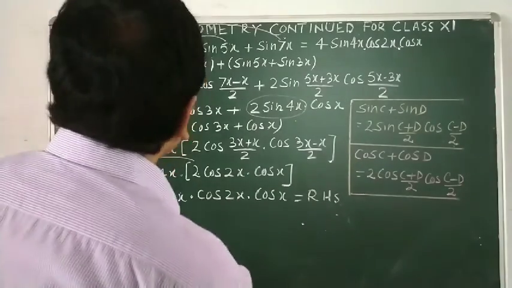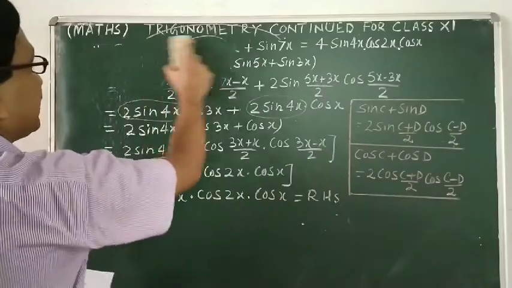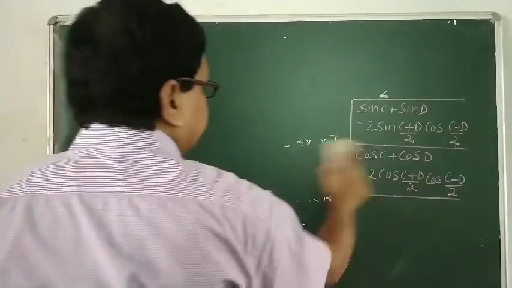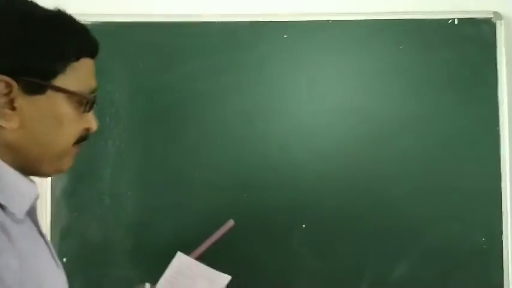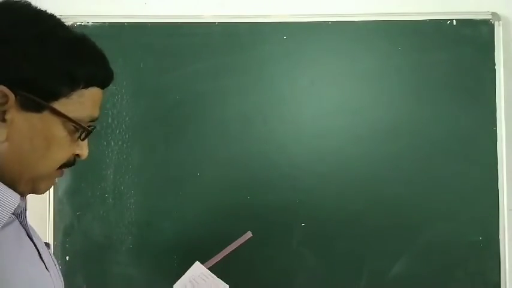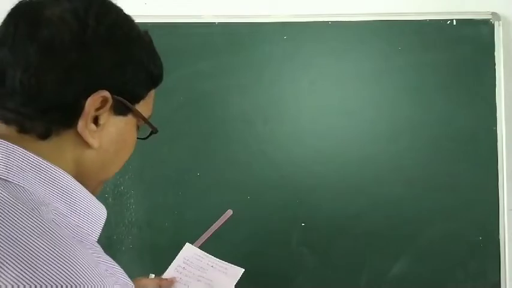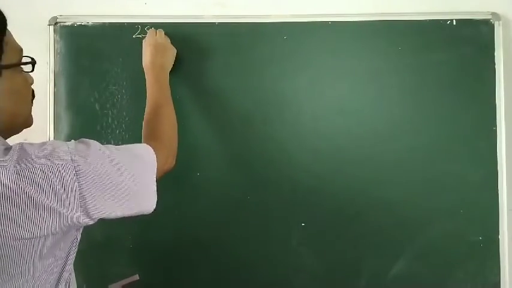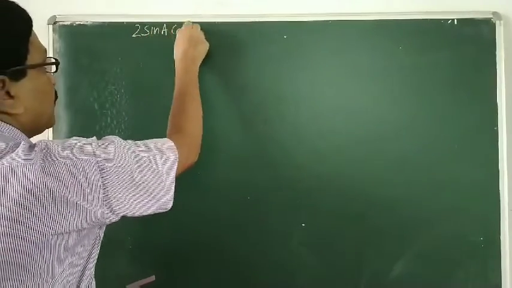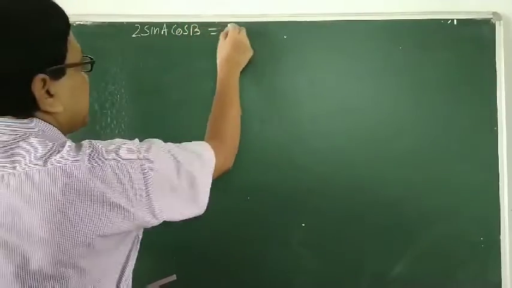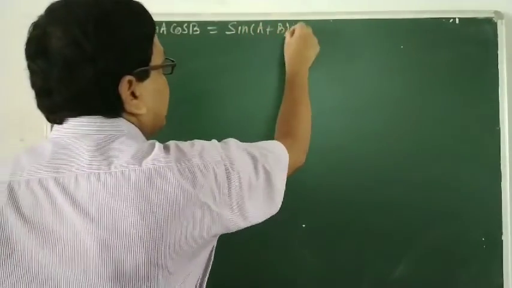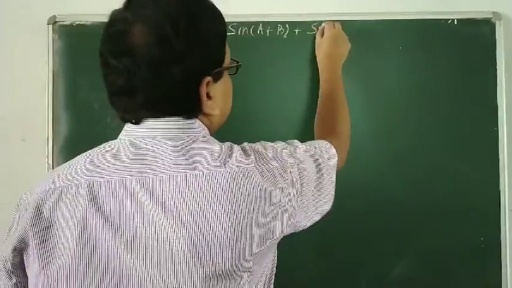Now I am moving toward the second problem of the day. To do the problem of the day, you must first of all know three formulas. 2 sin A cos B is equal to sin (A plus B) plus sin (A minus B).